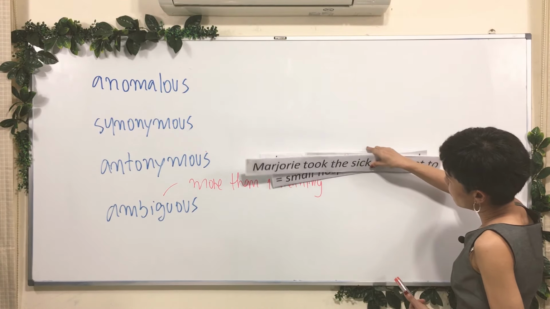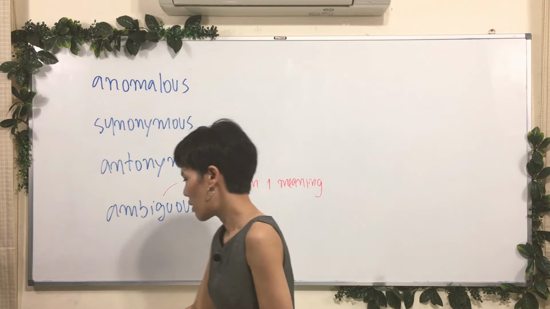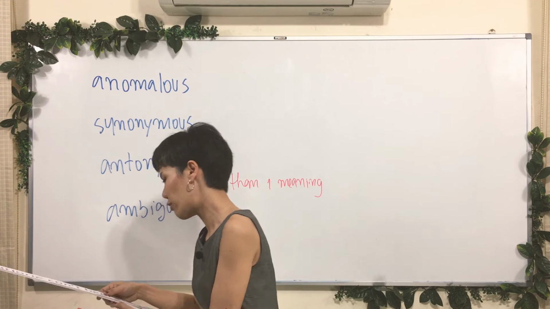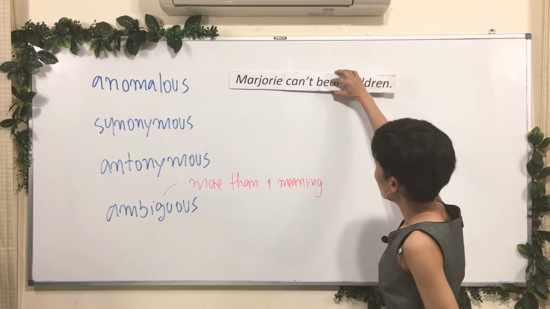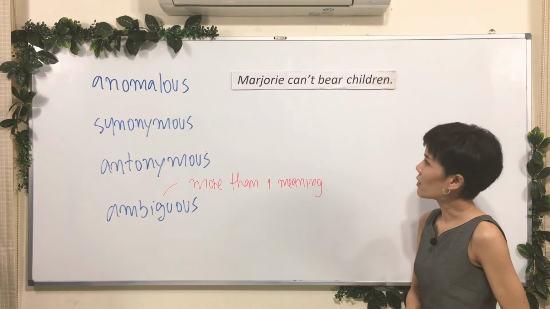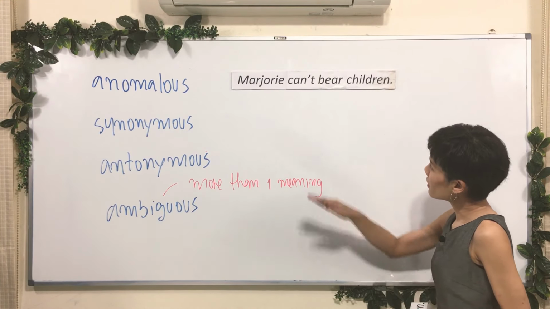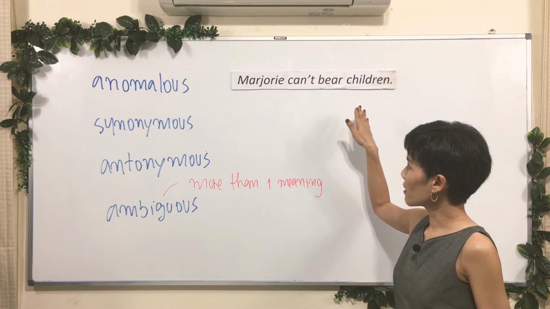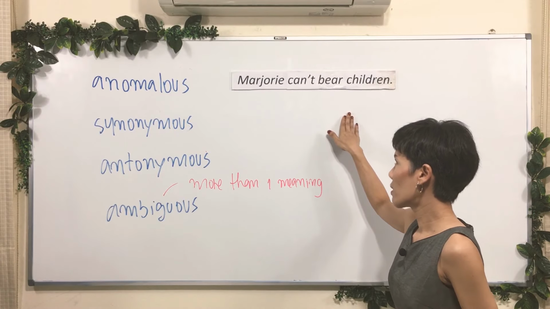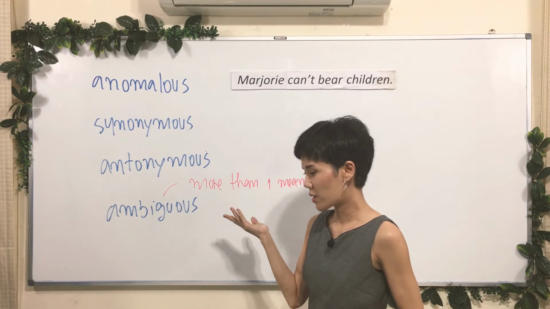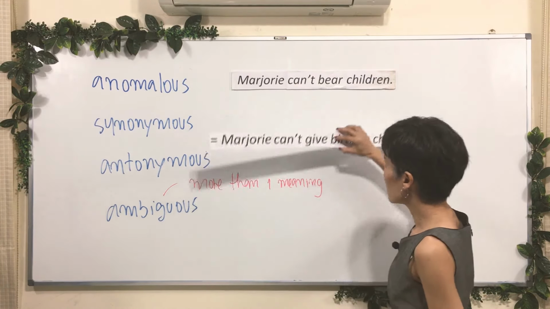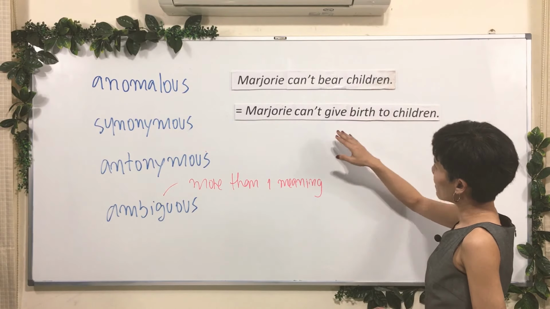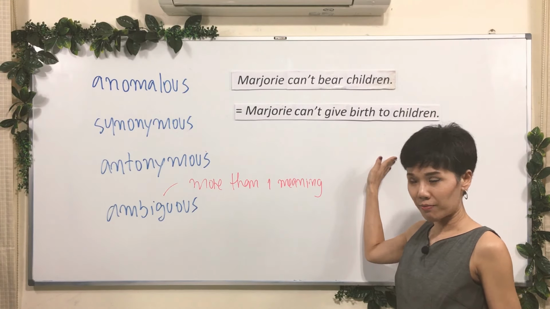Another example for ambiguity involves the verb bear. So I got this sentence. Majority can't bear children. Again, this sentence is ambiguous. It has two interpretations. It could mean majority can't give birth to children.